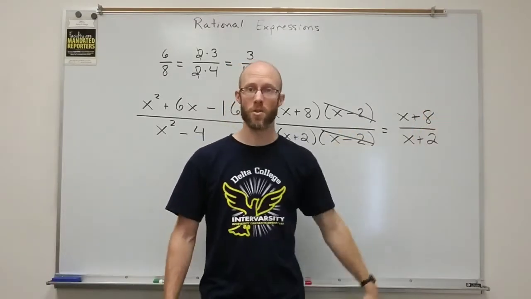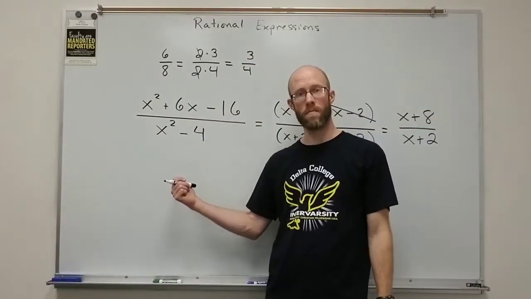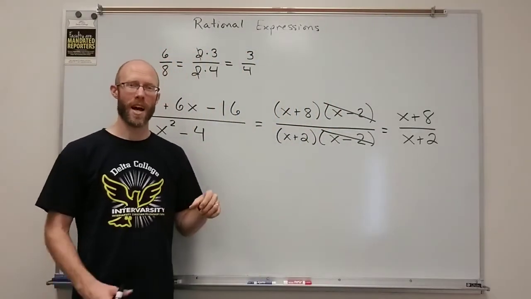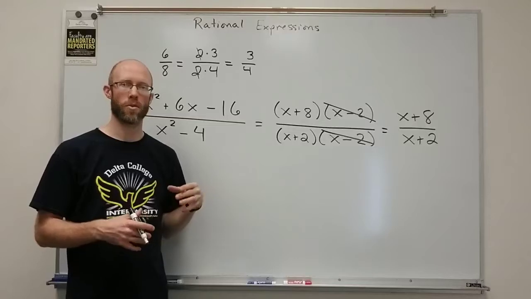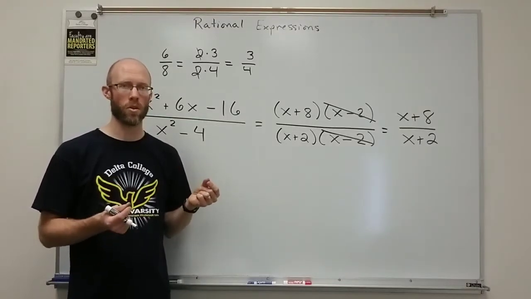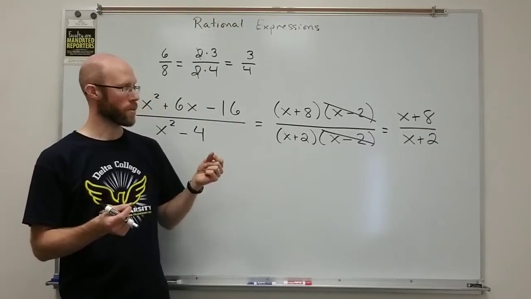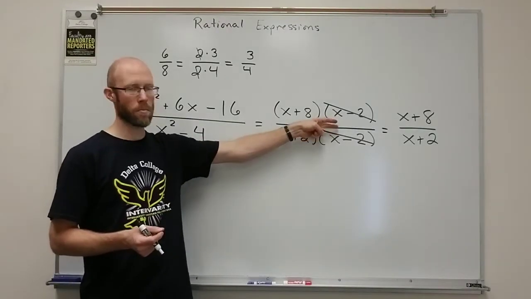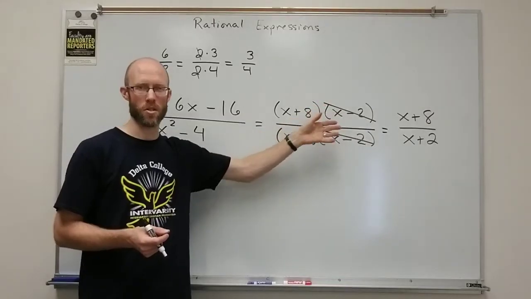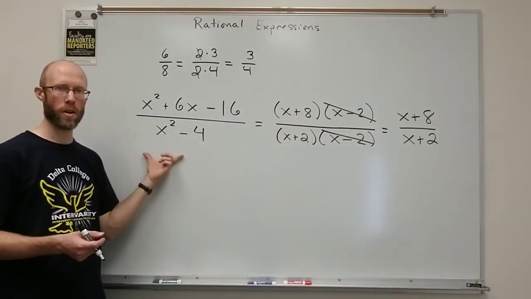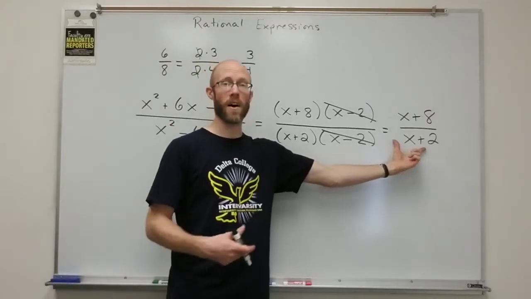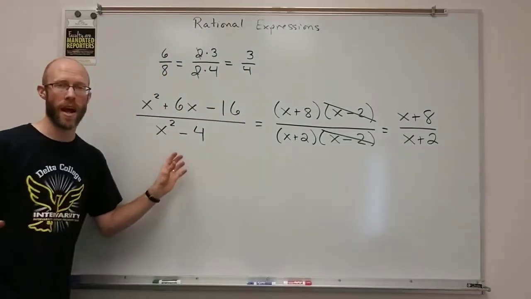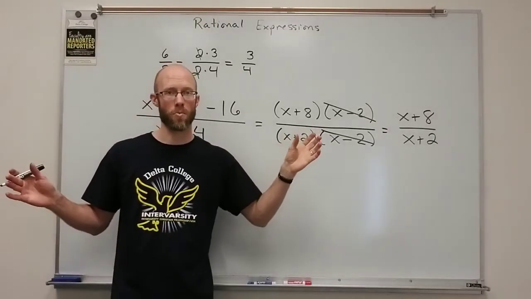So I get a value on this one, it's undefined on this one, okay? So we want to be very careful that they're not actually equal. When you think of them as functions, they're equal so long as you're not looking at the one number that gets canceled out here. So here you've got an undefined point at 2, here you've got a defined point of 5/2 at 2, okay? Everywhere else, there are an infinite number of points where they are the same.